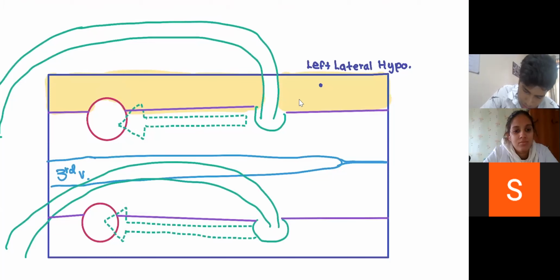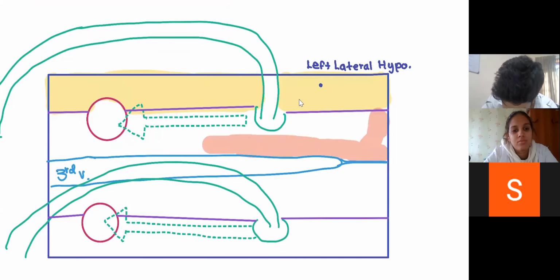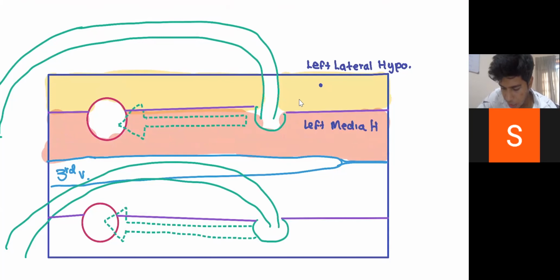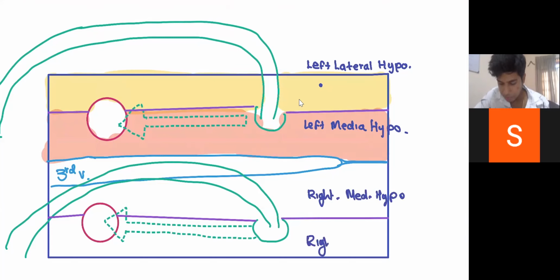So that means this is the left medial hypothalamus. Same here, right medial hypothalamus and right lateral hypothalamus.